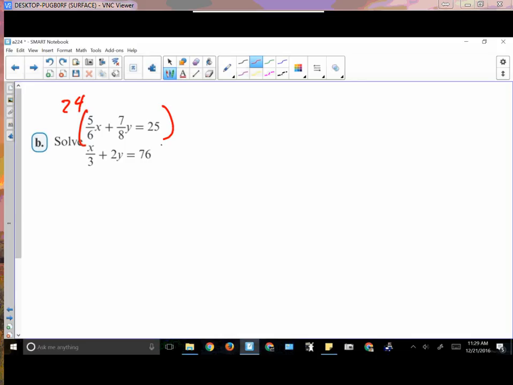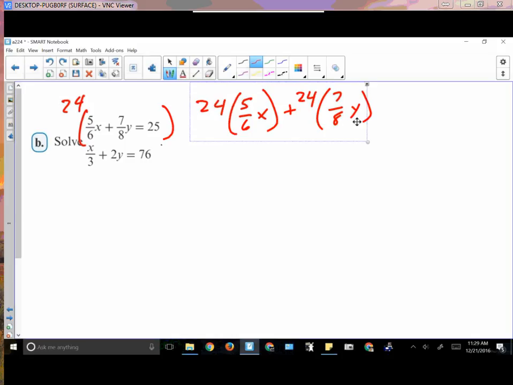So, I'm going to rewrite this a little bit more so you can see the work. So if I've got 24 multiplied by 5 sixths x plus 24 multiplied by 7 eighths y is equal to 24 multiplied by 25. I realize this goes back to multiplication with fractions. Now, does 6 cancel with 24? Yep.